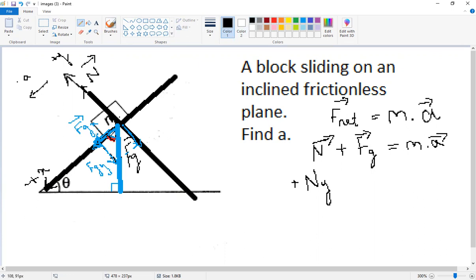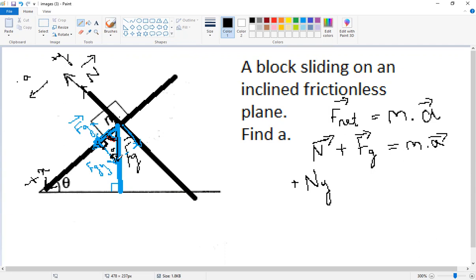This angle is common between the two triangles, and this here is the perpendicular because, if you remember, we projected the Fg on the x-axis, so this angle is 90. So this angle here is theta. If you compare these two triangles, you'll find that this angle is theta. Okay, got it? I hope this was clear enough.